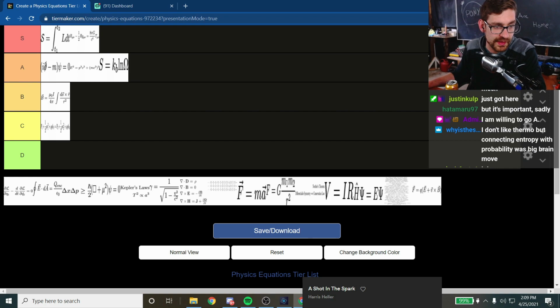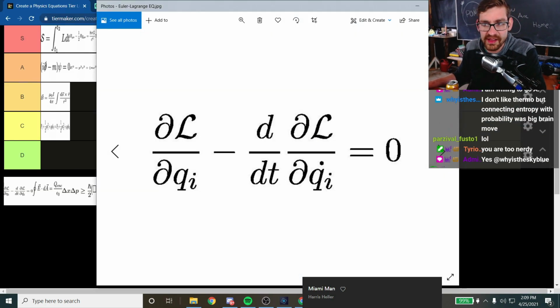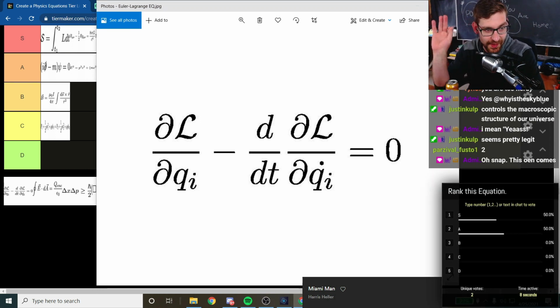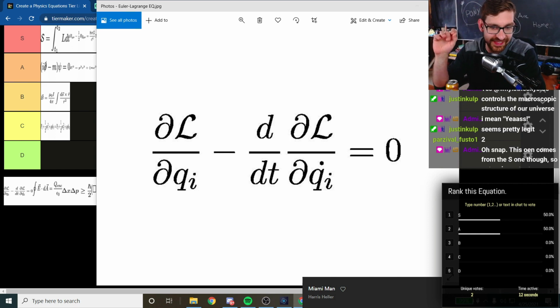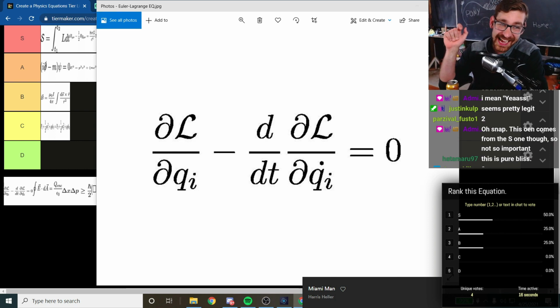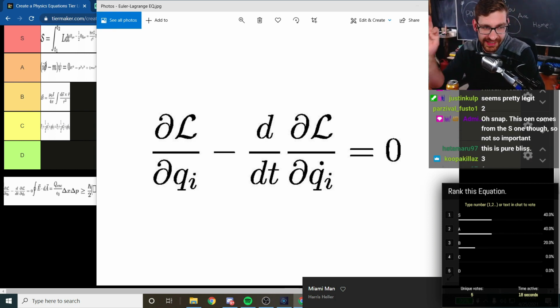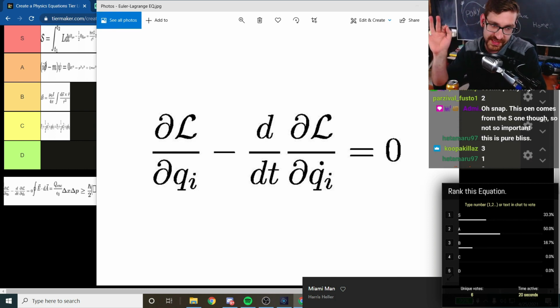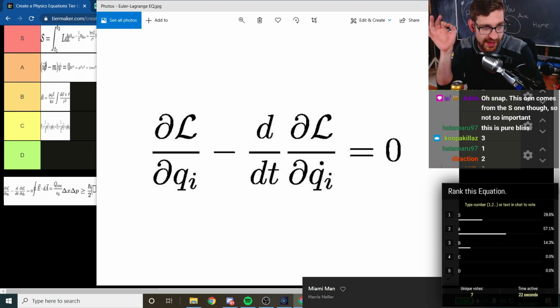Here we go. Next up, we have the Euler-Lagrange equations of motion. This one's big. This one comes from the S1 though, so not that important. Ooh, is it not that important? I mean, this is a little bit tricky with this one because we also have Emmy Noether's stuff coming up too.